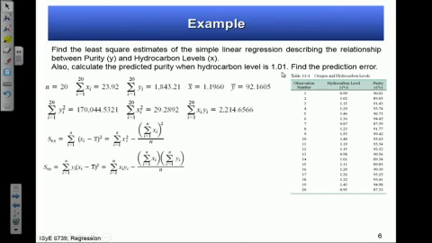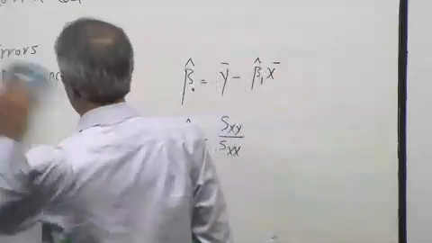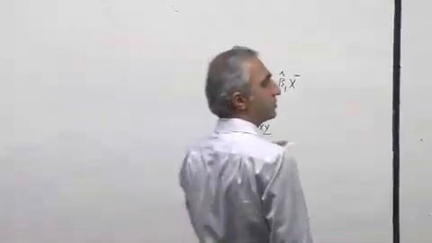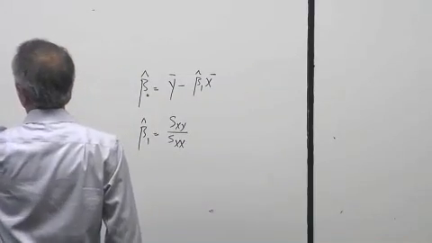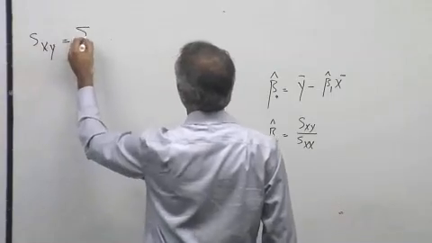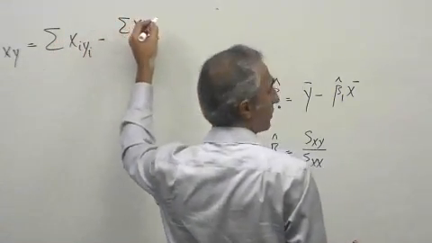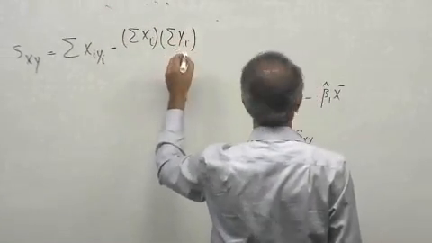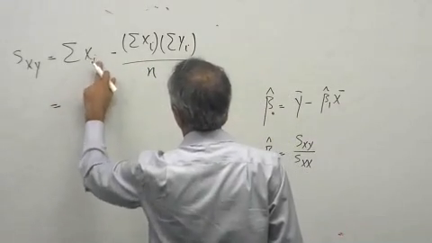So we need to find Sxy and Sxx first. Actually, it's over there. The equation is there. So Sxy, as you can see, is the summation of xi yi minus summation of xi times summation of yi divided by n. So all components are given.